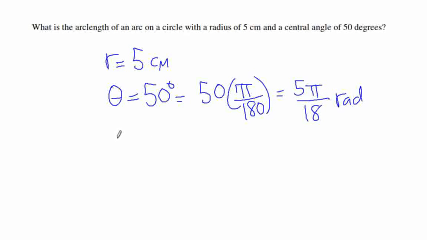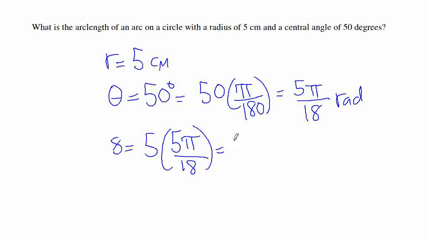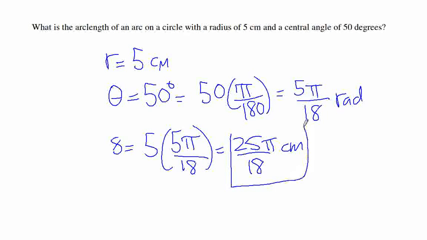All right, so the arc length is 5 times the radian measure. So 25 pi over 18 centimeters. Let me repeat. The arc length is the product of the radius and the central angle measure in radians.